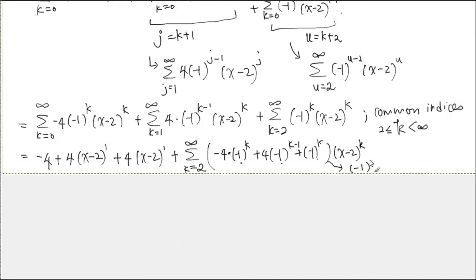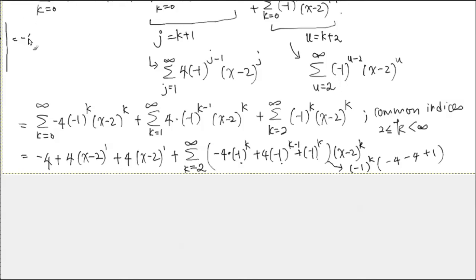Negative 1 to the k, factor it out. So once I factor it out, it's a negative 4, right? Once that's factored out, what do you get? Negative 4 again. Is that right? Because there's a negative 1 there. Negative 4 factored out, you have positive 1, right? So altogether it's a negative 7. Okay, so I'm writing down here. First two terms are special.